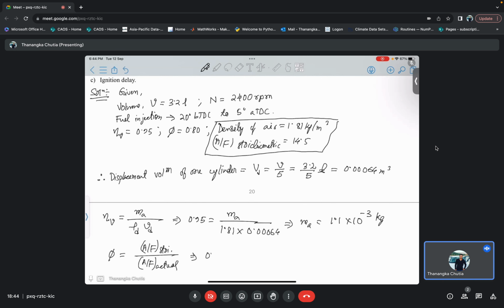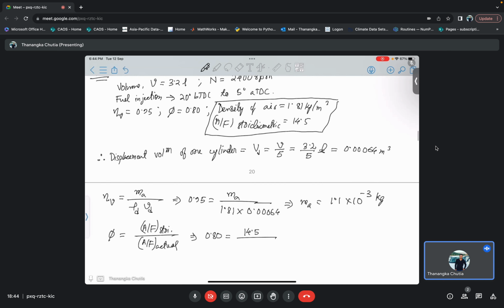Phi is 0.80. Air fuel ratio stoichiometric is 14.5, and air fuel ratio actual is what? Mass of the air divided by mass of the fuel. So from here, mass of the air divided by mass of the fuel is nothing but 14.5 divided by 0.80.